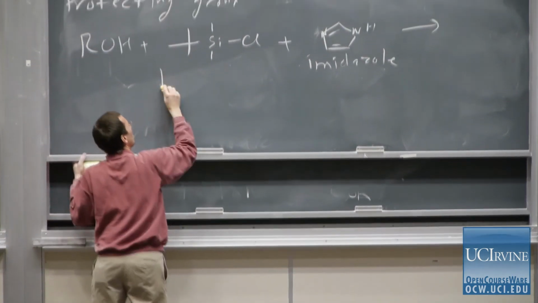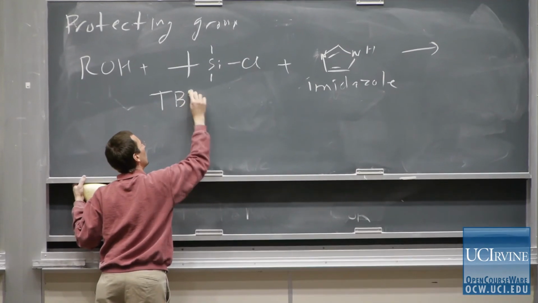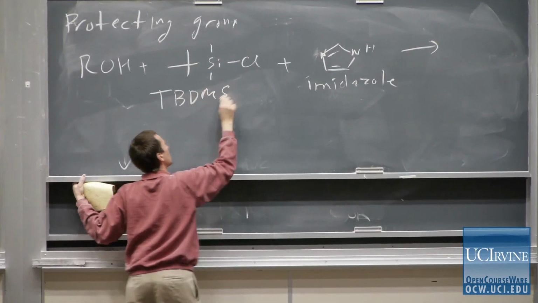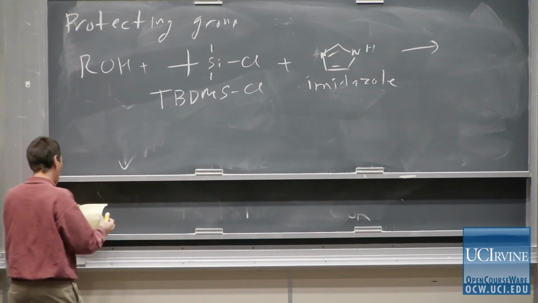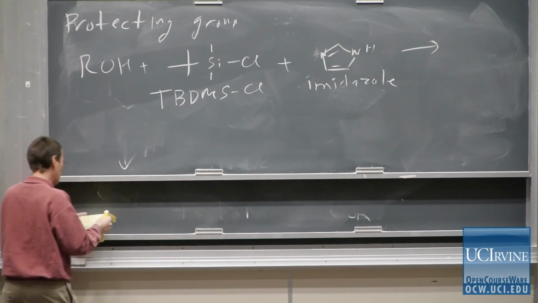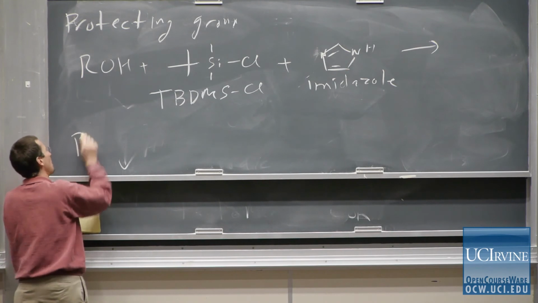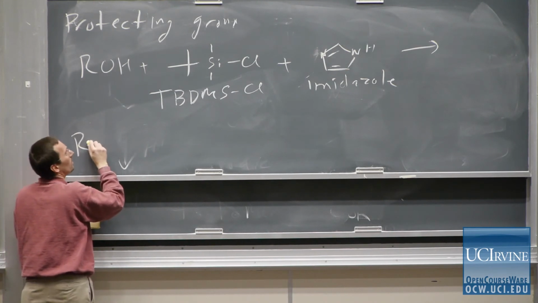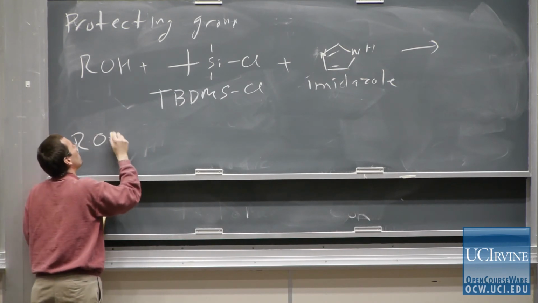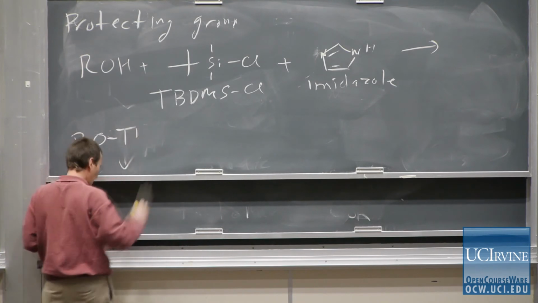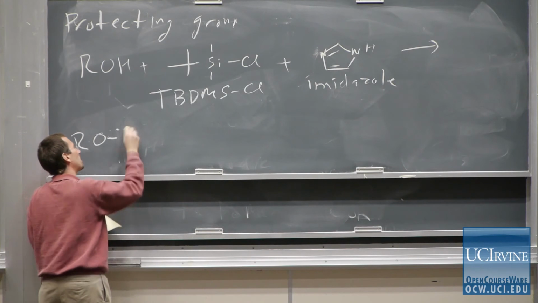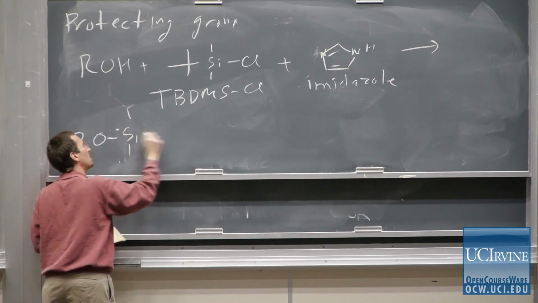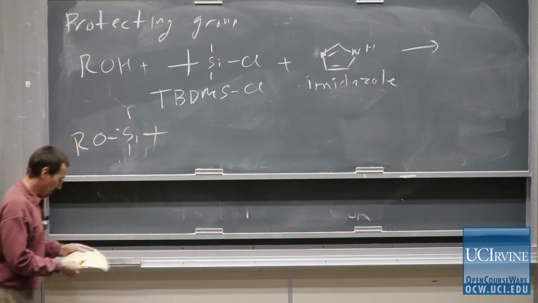By the way, we call this reagent TBDMS chloride, and then we're going to call our ether the TBDMS ether. I'll write it out here as ROT. Actually, I will write it first, showing you the silicon, Si dimethyl tert-butyl.